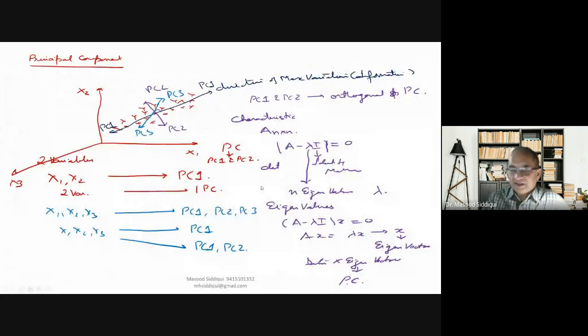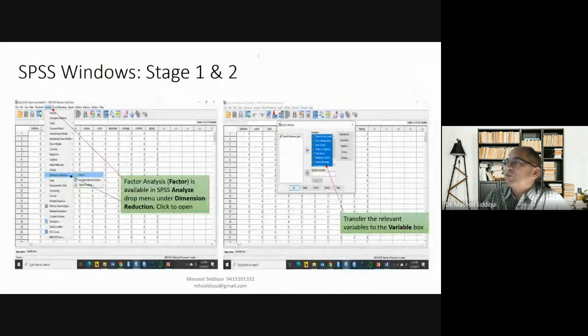Suppose we have three variables, x1, x2, x3. The first one is known as bivariate correlation, which we have just discussed, right? This is the correlation coefficient between 1 and 2, between 1 and 3, and between 2 and 3. This is the bivariate correlation.